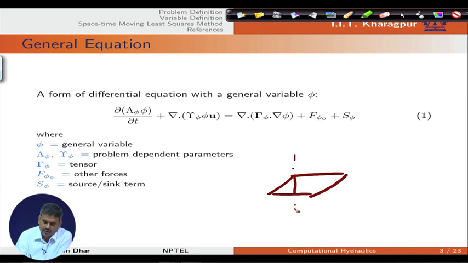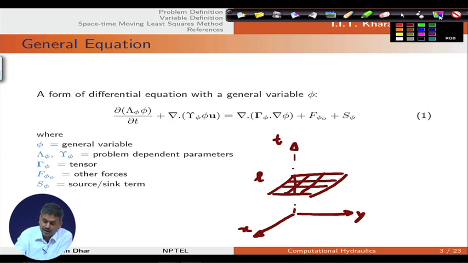If we have this as the time axis and these two as x and y, then for discretization, if this is level L, for any arbitrary point, we can start our discretization, and we will consider one point in the present and another in the future.